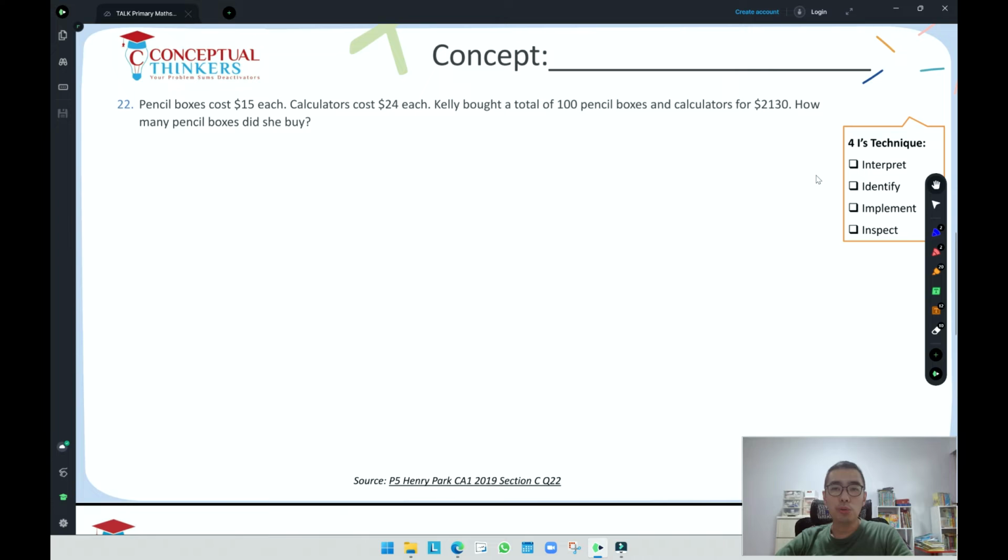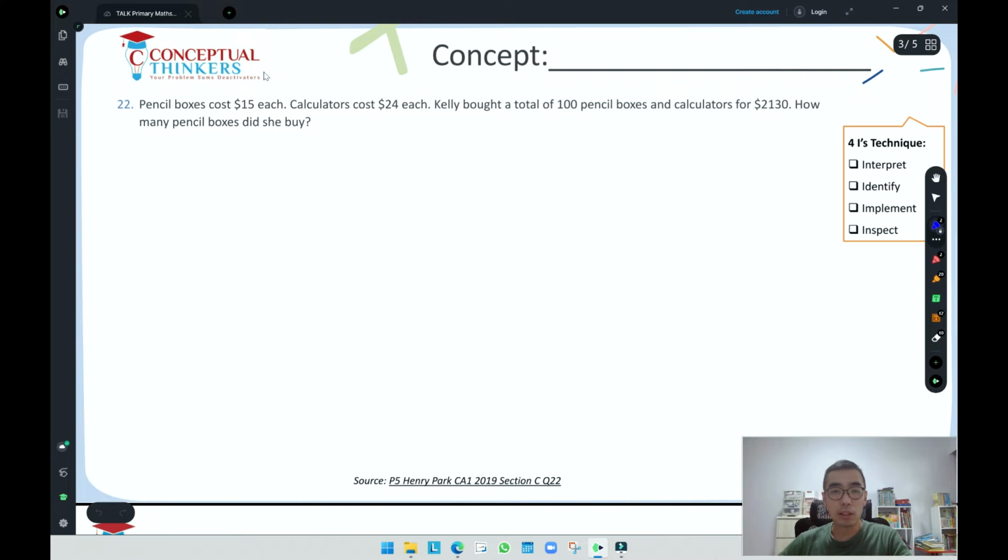Usually they will try to do it using guess and check, but when you reach P5, I think you have to start to switch to another methodology rather than using guess and check. So let's discuss this question, then I will teach you the method that I recommend. Let's first interpret the question.